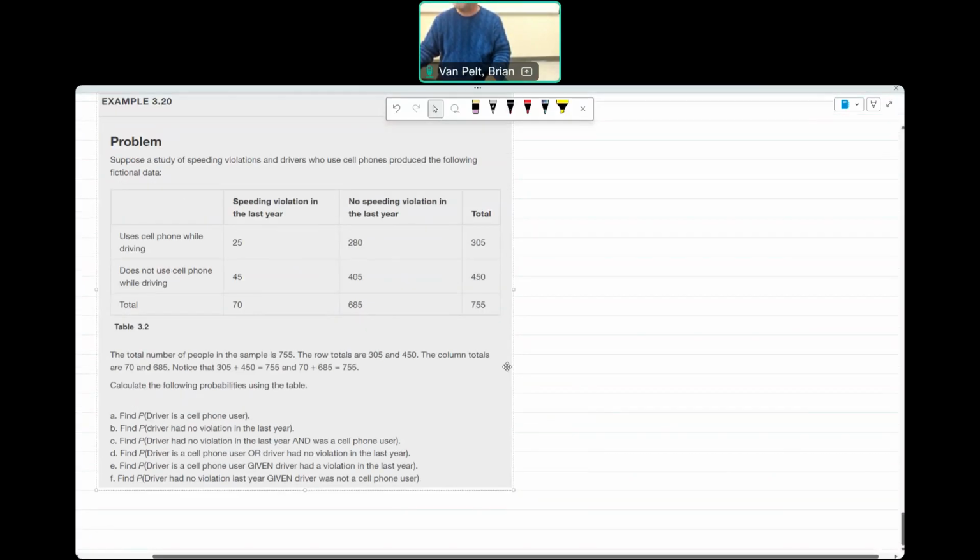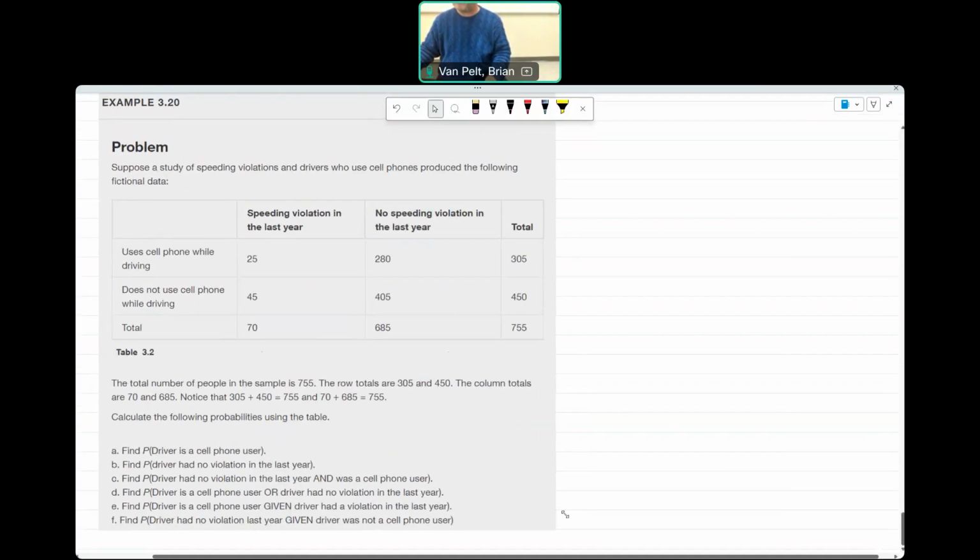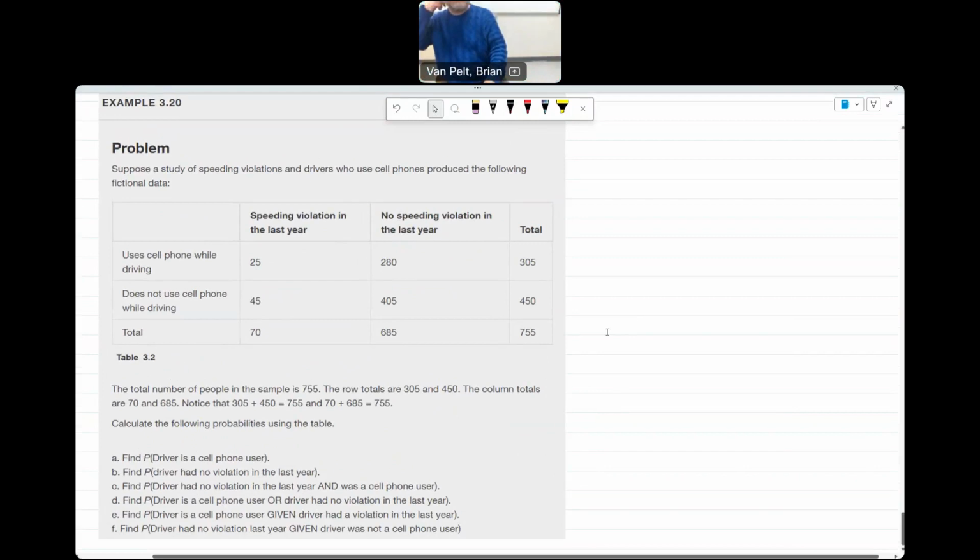These are really easy. I'm not going to use their notation. I'm going to use letters instead. So we'll call this S, N, U, and D.